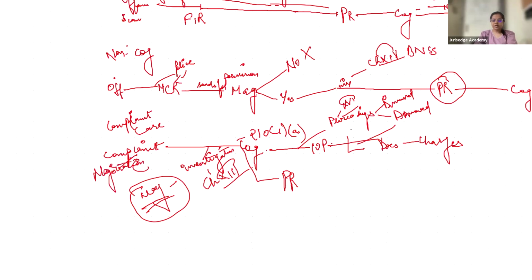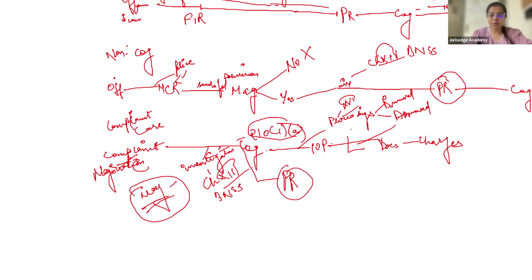So if it is directly going to magistrate, magistrate may or may not think that investigation is necessary under chapter 13. If it is directing investigation under chapter 13 of BNSS, then cognizance will not be taken under 210(1)(a). Cognizance will be taken on a police report.